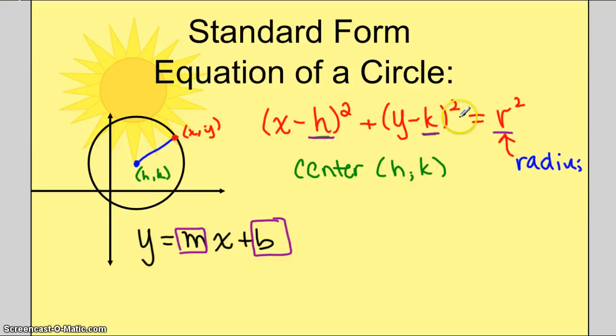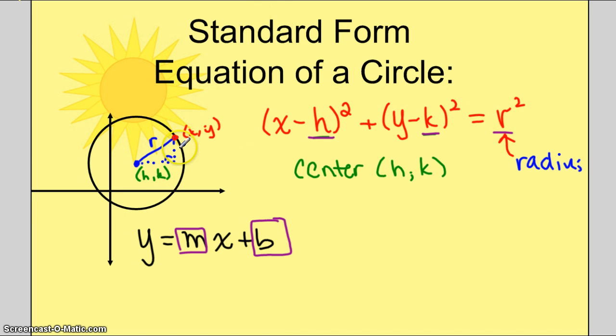This formula comes straight from a triangle formula that you might be familiar with. We hope, a little Pythagorean theorem. If I make a right triangle out of this, my hypotenuse, the c, is my radius. So that's why the equation equals r squared.